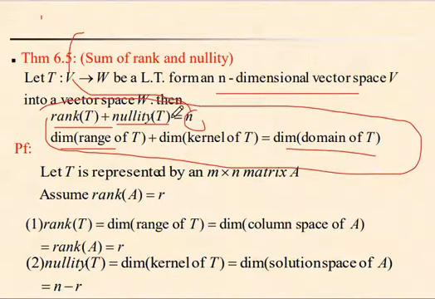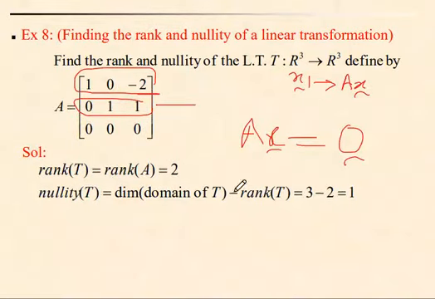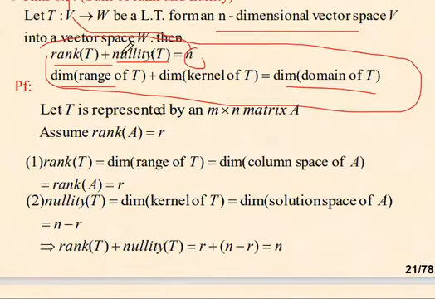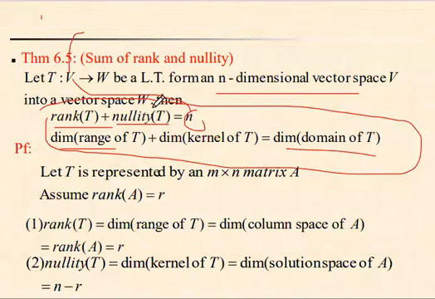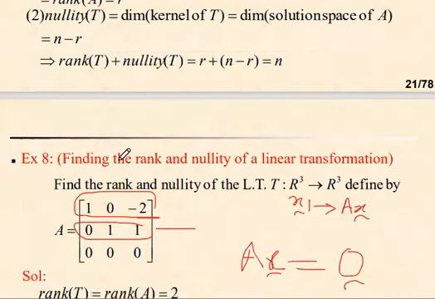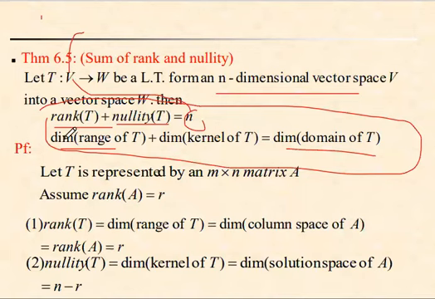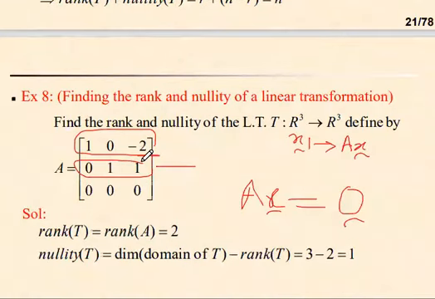Without finding the solution space, you can use this theorem: nullity of T, or dimension of kernel of T, is equal to the dimension of V minus the rank of T, which is 3 minus 2.